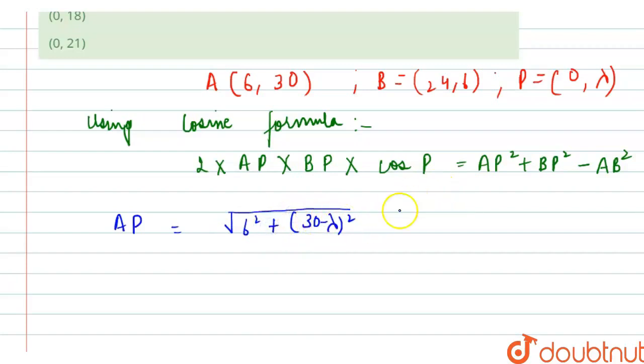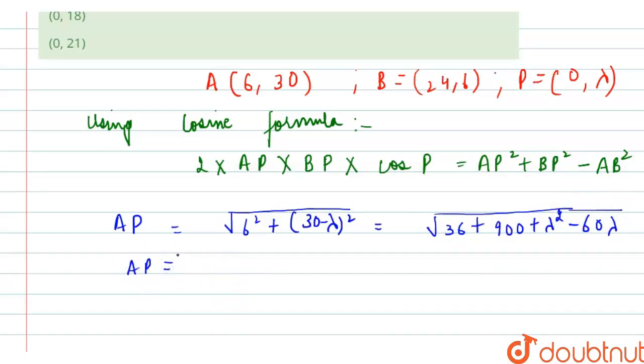Calculating it, I get under the root of 36 plus, using the (a minus b) whole square formula, 900 plus lambda square minus 60 lambda. So solving it, I get AP is equal to under the root of lambda square minus 60 lambda plus 936. So we have calculated AP.